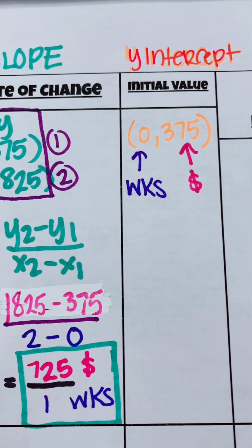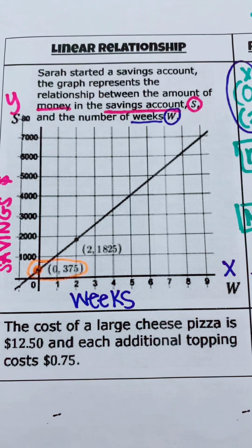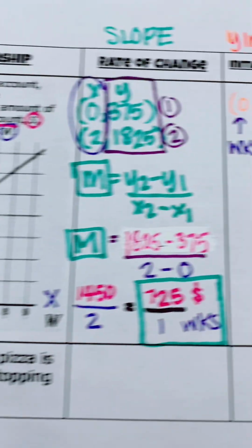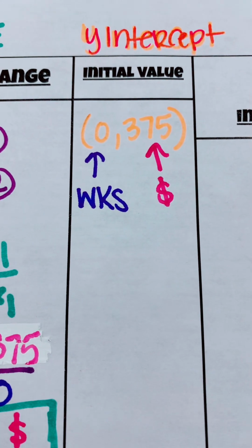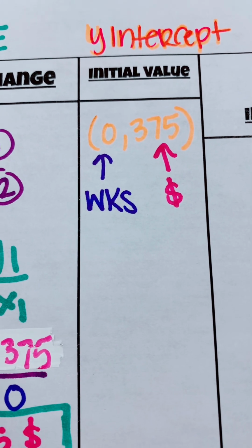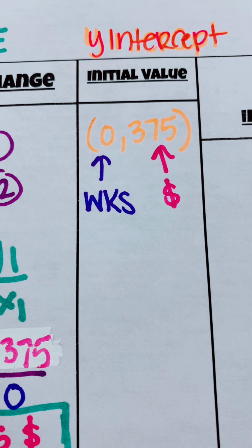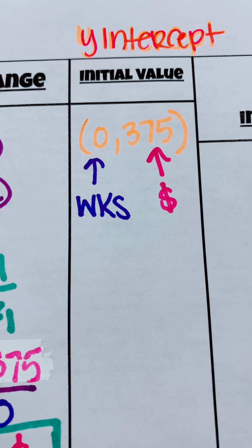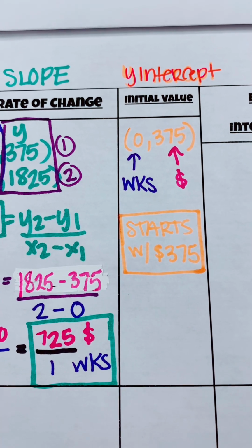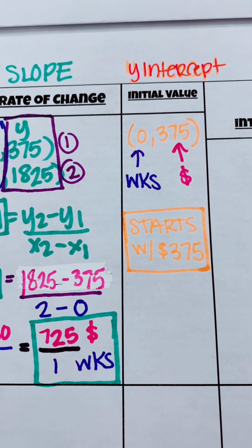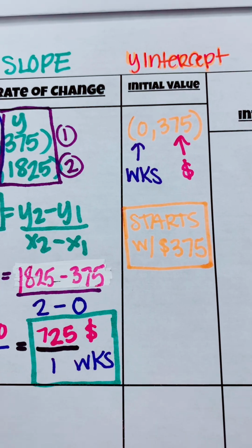Looking back at our graph, our x-axis is labeled weeks and our y-axis is labeled savings or money. So this means when she was at 0 weeks, she has $375, meaning she starts with $375 in her savings account. I wrote that as a reminder that she's starting with $375 in her bank account.